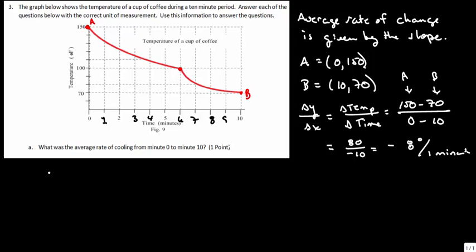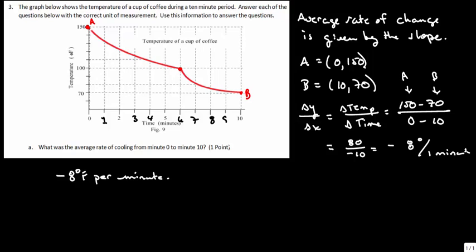Or we would say this as negative 8 degrees Fahrenheit per 1 minute. So after each minute, it looks like our coffee's temperature drops by 8 degrees.